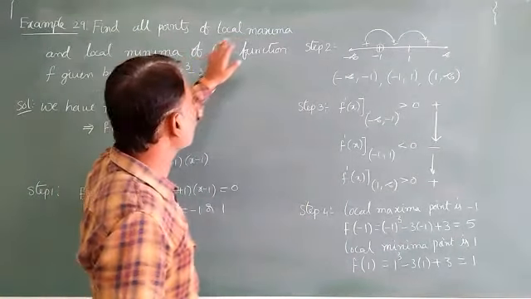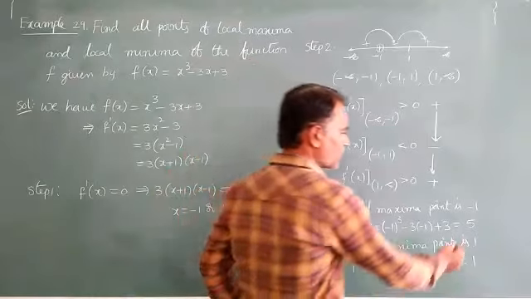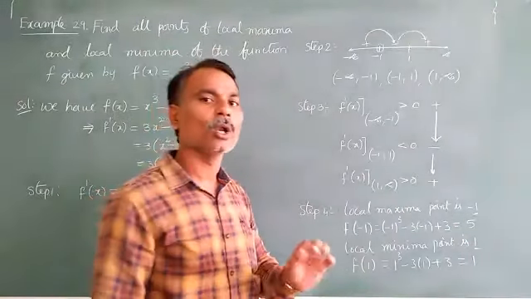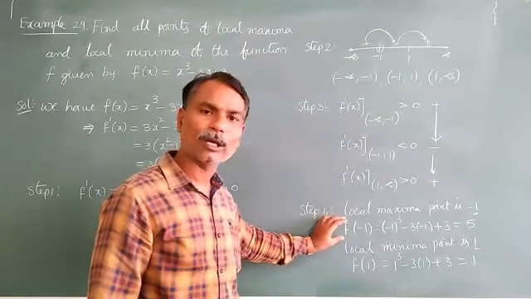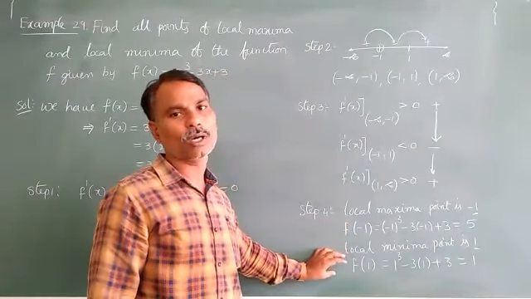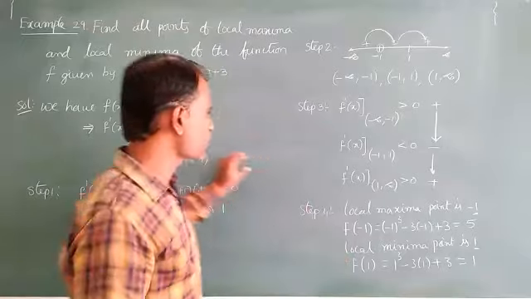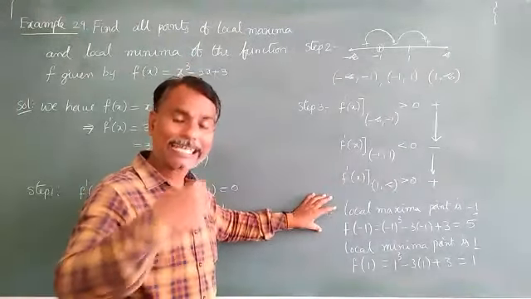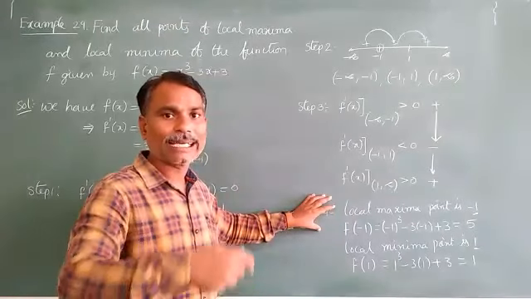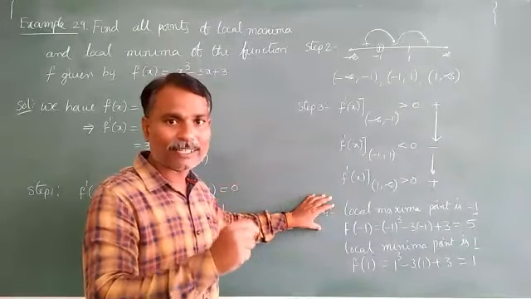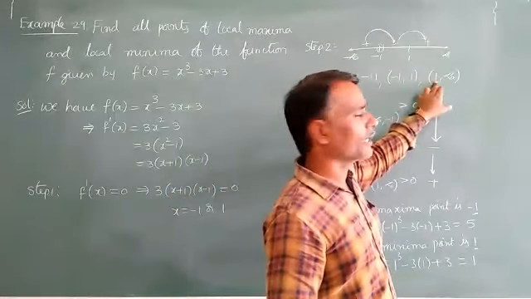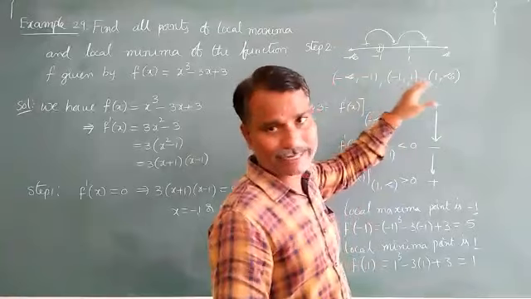So the question asks for the local maximum and minimum: just mention the local maximum point and local minimum point, then calculate the local maximum value and local minimum value. This is the solution. Generally, in step 4 of increasing decreasing functions, greater than 0 means the function is increasing on that interval, and decreasing on the other, like that we mention.